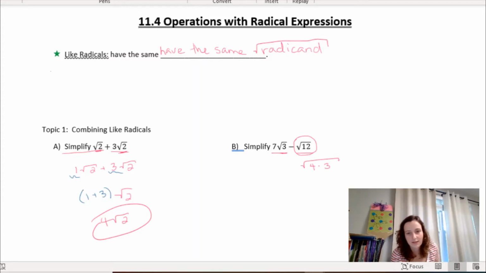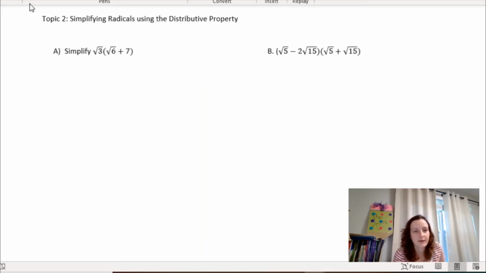The square root of 4 is 2, so I can bring that out front, and I have 2 square roots of 3 left over. Bring down your 7 square roots of 3, and we're subtracting here. So I have 7 minus 2 square roots of 3, which will leave me with 5 square roots of 3 as my simplified answer.